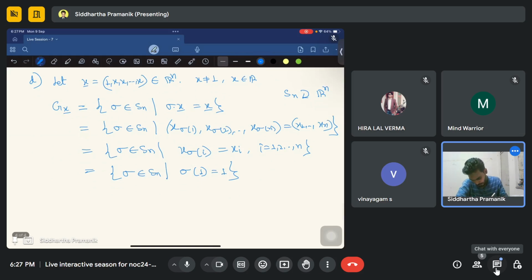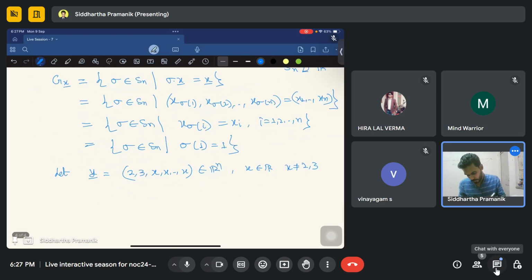So let's take y equals 2, 3, x, where x belongs to R and x is not equal to 2 and x is not equal to 3. So what is the stabilizer of this y? So try yourself.